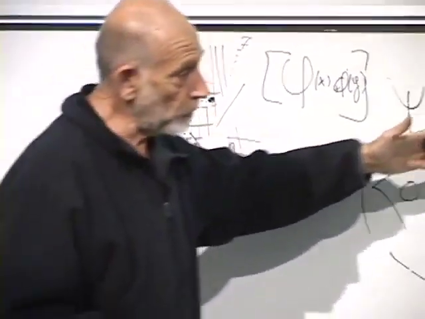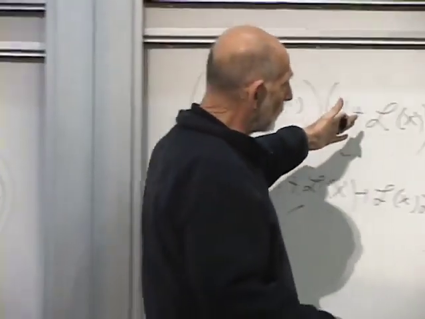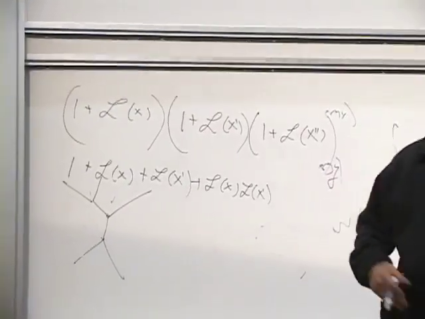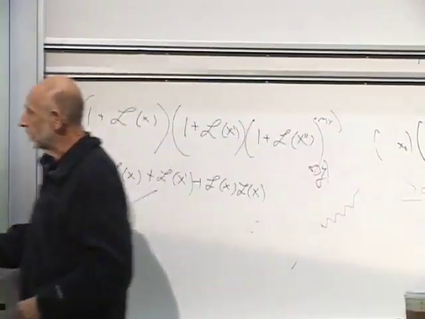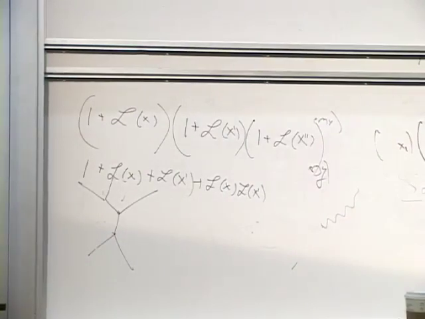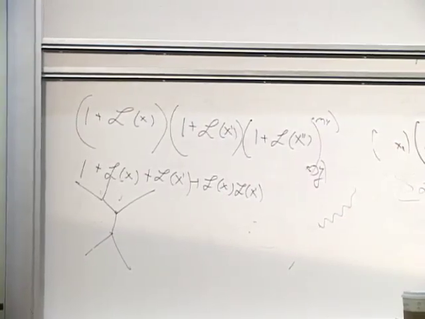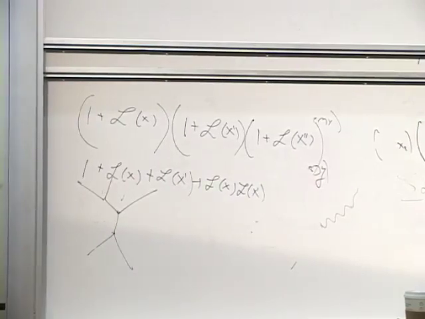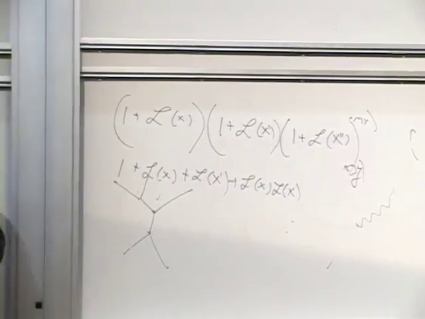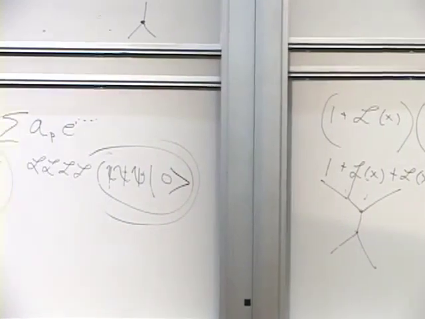So somewhere in this big product, you'll find exactly the right thing to take you from here to here. Actually, there will be many, many such terms which can take the particle from here to here, depending on the orbit.